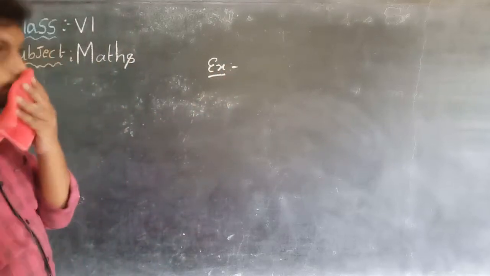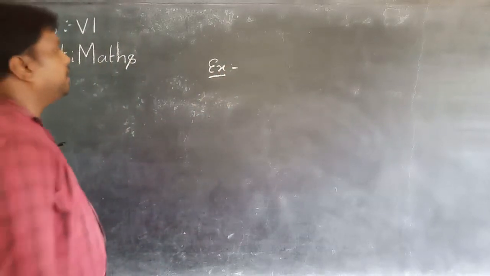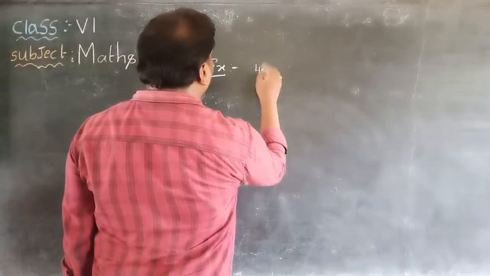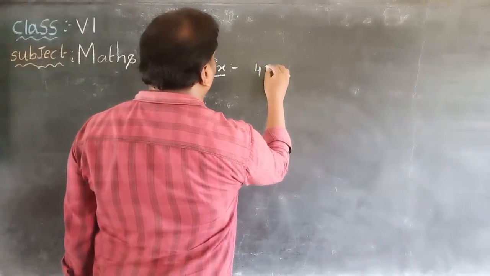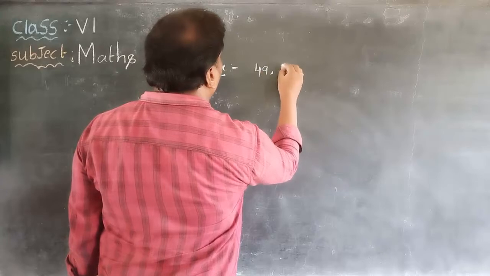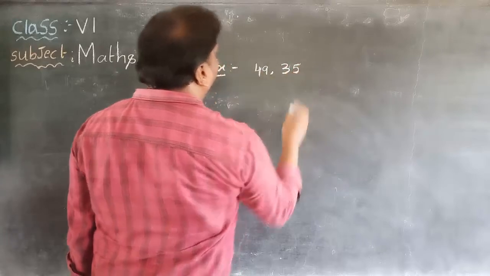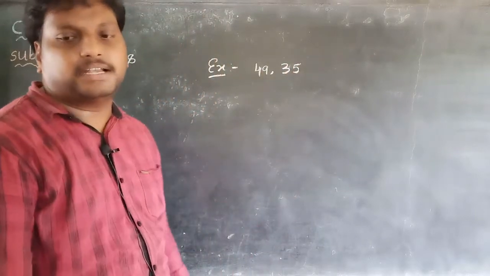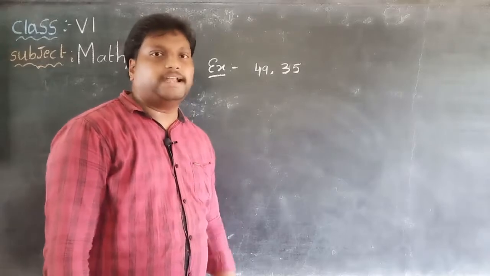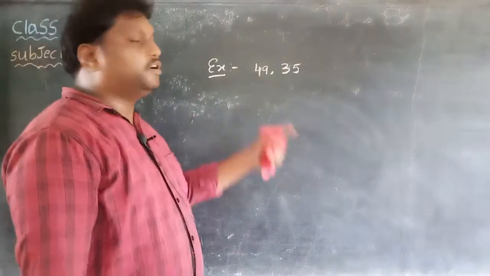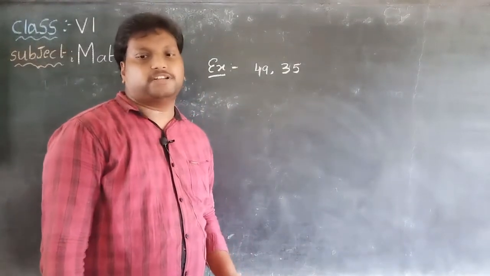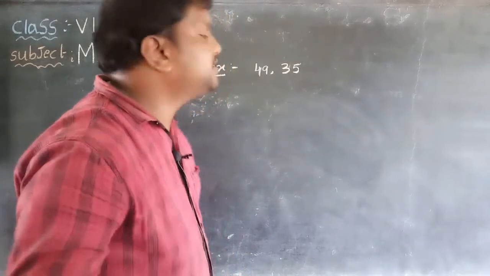Now we'll take some big numbers, 49 and 35. See, 49 and 35 are divisible by 7. Already we know that.